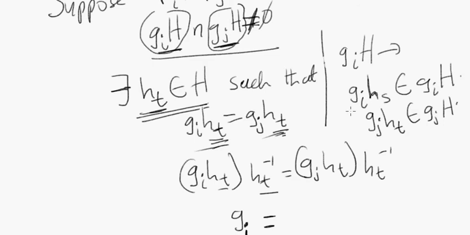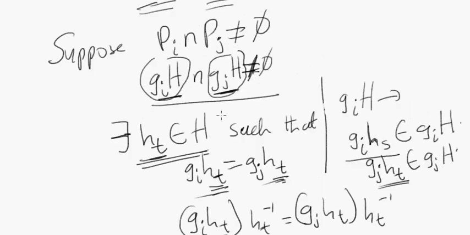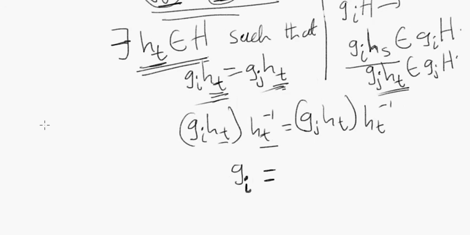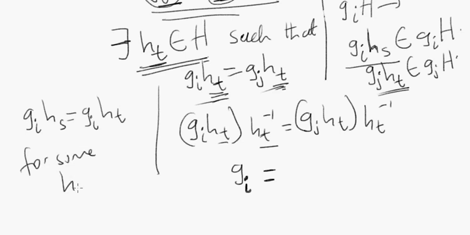To say that these two cosets have a non-empty intersection means that there exists some GI HS that's equal to GJ HT. That means GI HS equals GJ HT for some HS element of H and HT element of H, right?